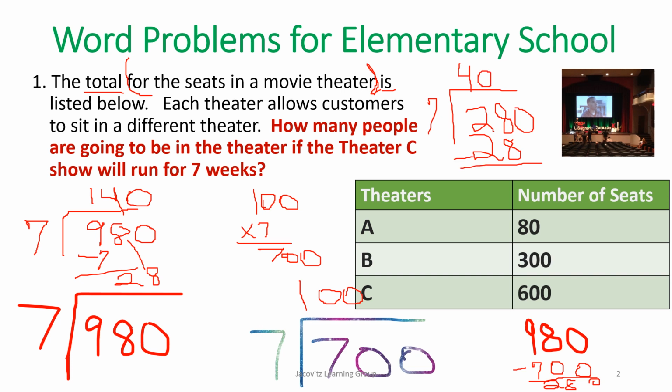And then guess what? We're going to go finally 100. Oops, sorry about that, guys. 100 plus 40 is the same 140. So that's how you're going to accommodate that many more people.